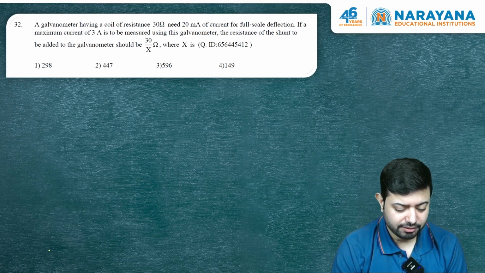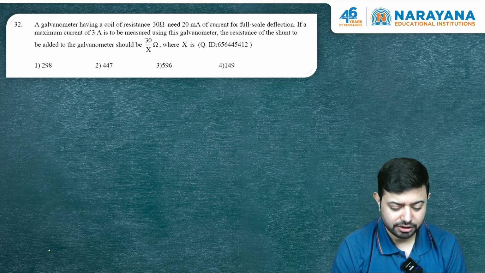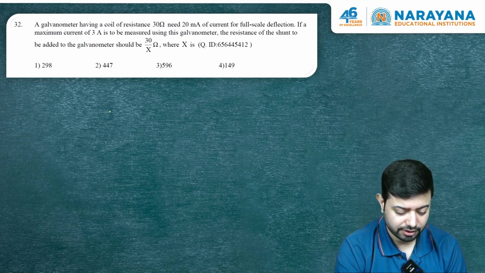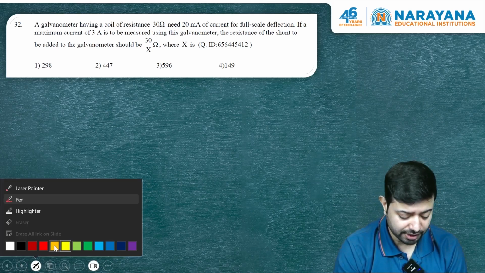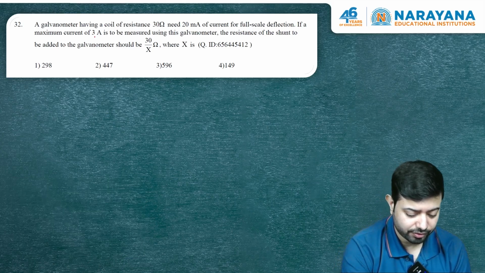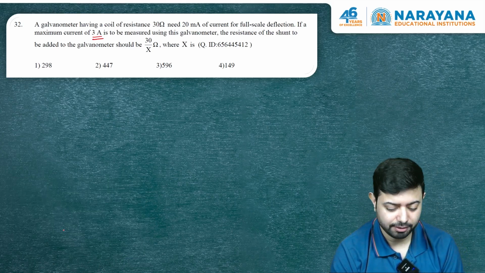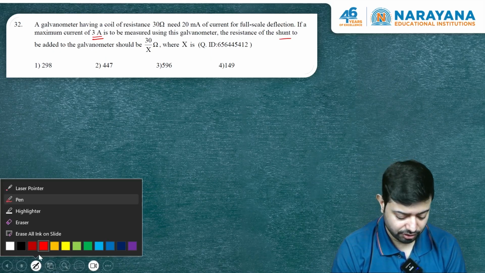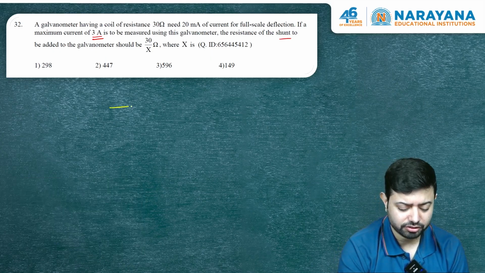A galvanometer having a coil resistance of 30 ohm needs 20 milliampere of current for full scale deflection, right. So, you know the structure, you can think of it over here. You have to make the actual ammeter which can measure maximum current of 3 ampere, and they are asking what should be the shunt, right. So, let us see, you draw the structure first.